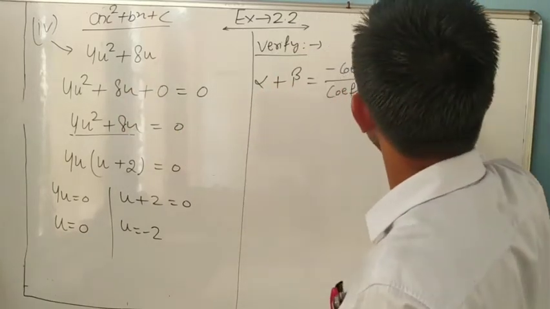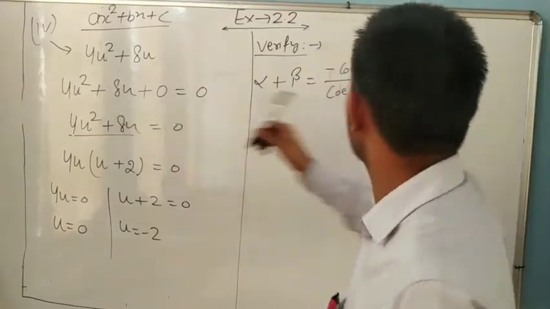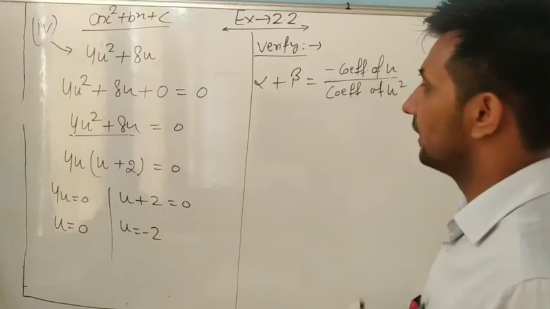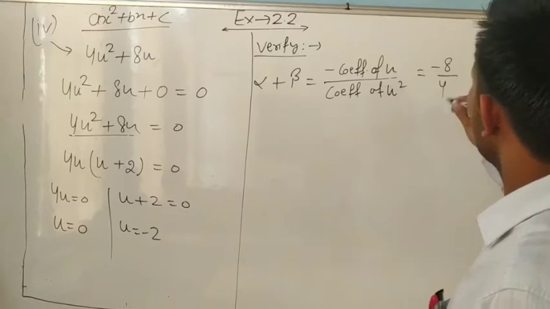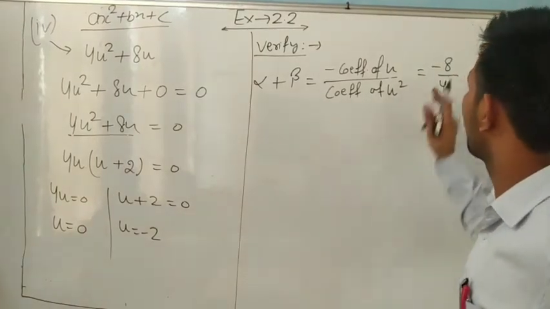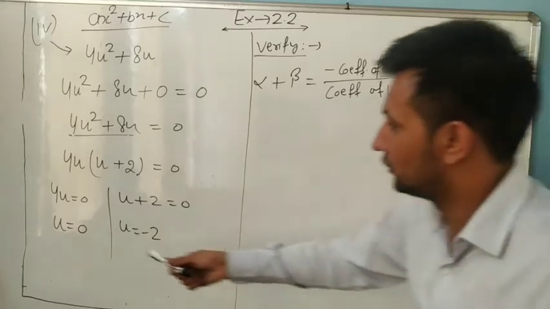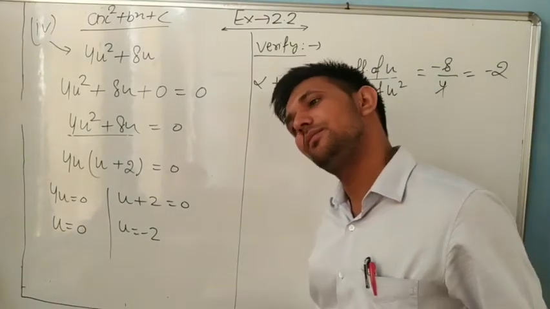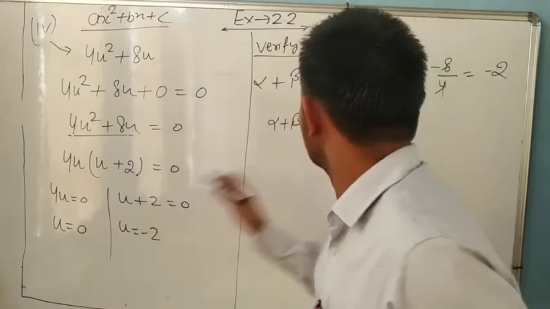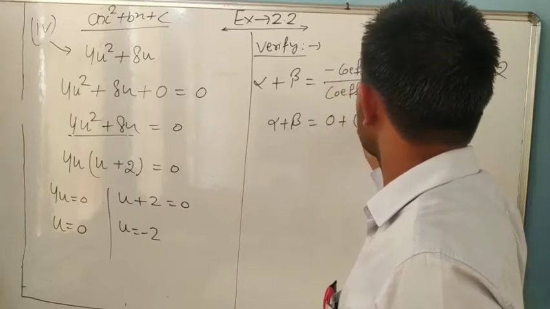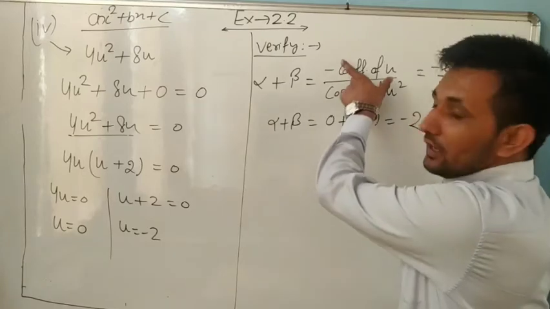So it is coefficient of u, 8, divided by coefficient of u square, 4, with a minus sign. 8 divided by 4 is 2, and with the negative sign the answer must be negative. So alpha plus beta equals 0 plus minus 2, which is minus 2. The sum of zeros is equal by both methods.